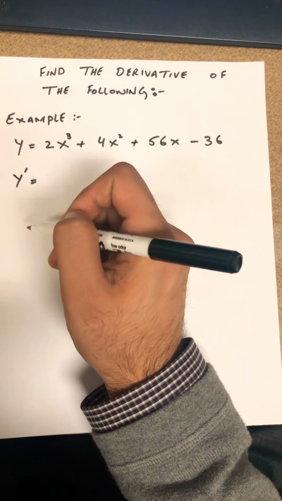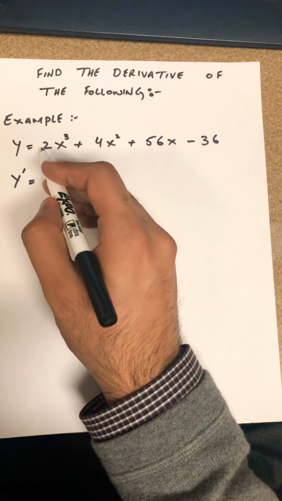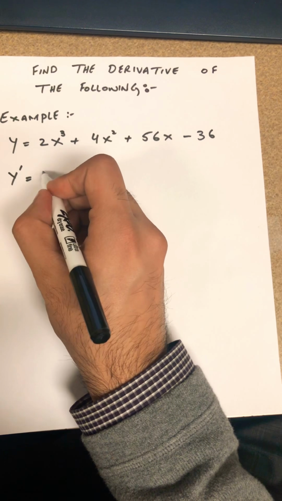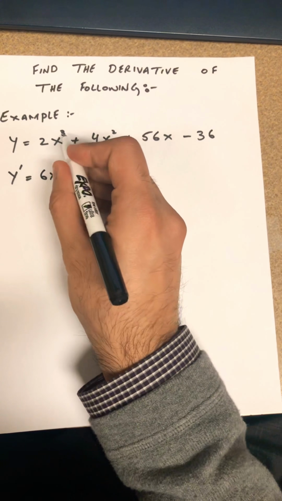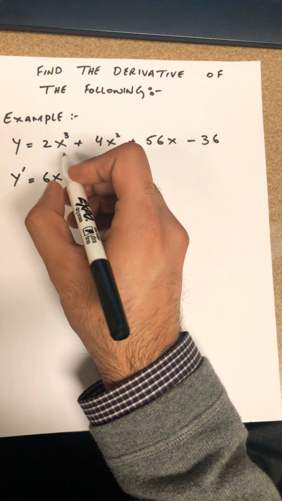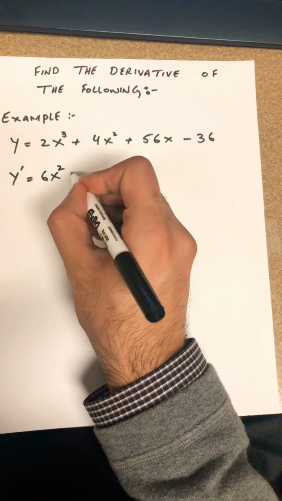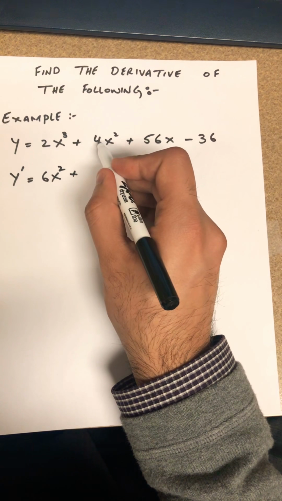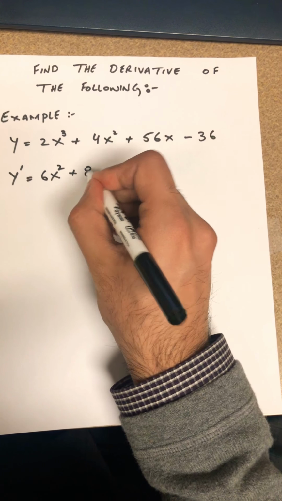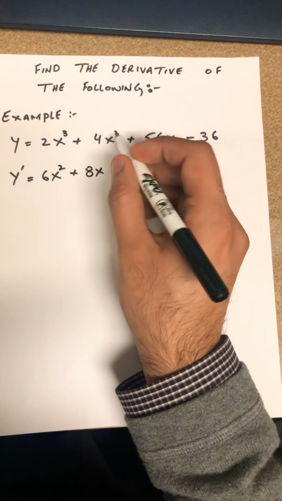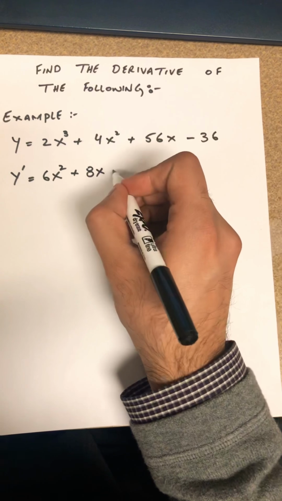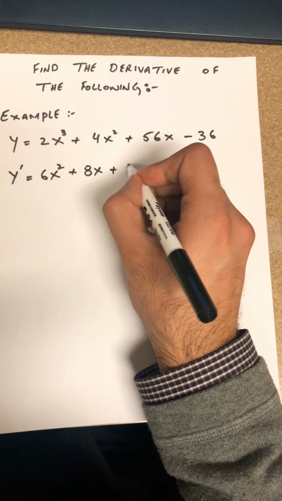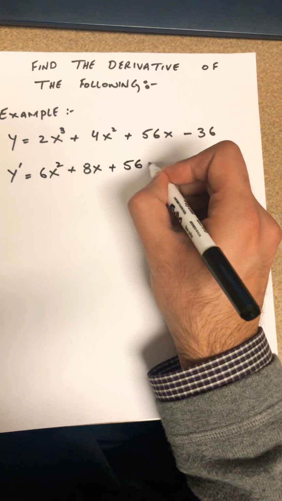So first, we'll bring this 3 out here and multiply it by 2, so we have 6x, with 3 minus 1 being 2, plus we'll bring this 2 out here, multiply it by 4, that'll be 8x, 2 minus 1 which will be 1, plus we'll bring this 1 out here and multiply by 56, and we'll have 56.